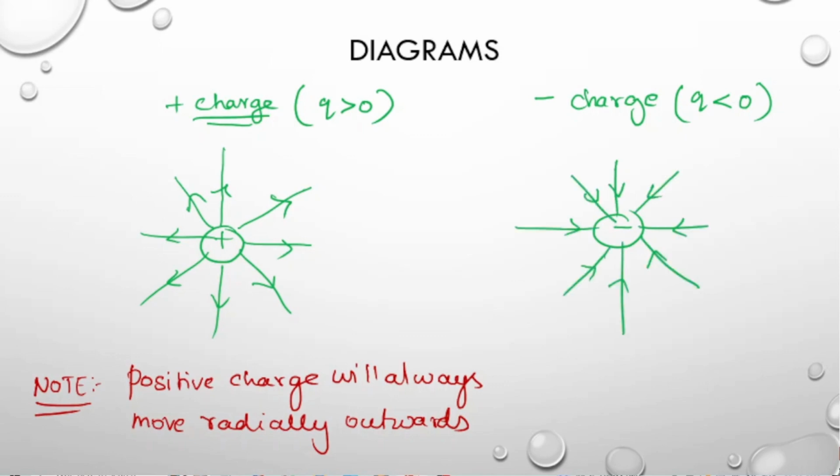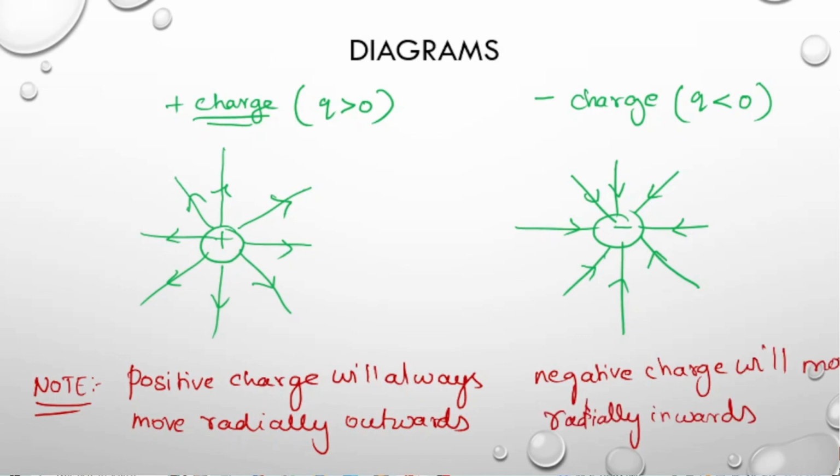So here the point you have to write is negative charge will move radially inwards. Clear? That's it.